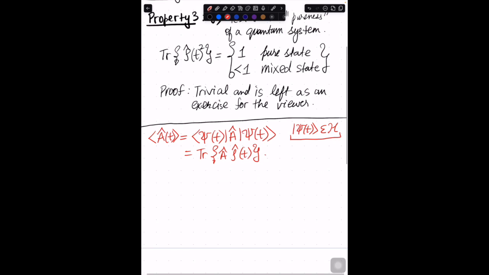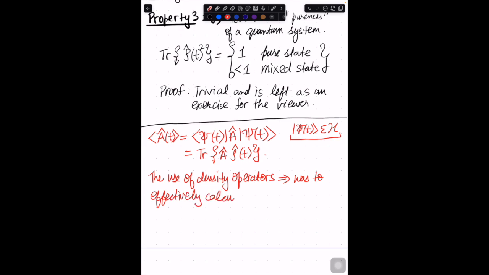So the selling point behind the use of density operators was to effectively calculate the expectation values of observables in mixed quantum systems.